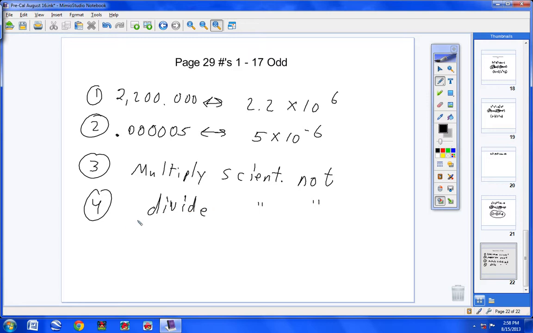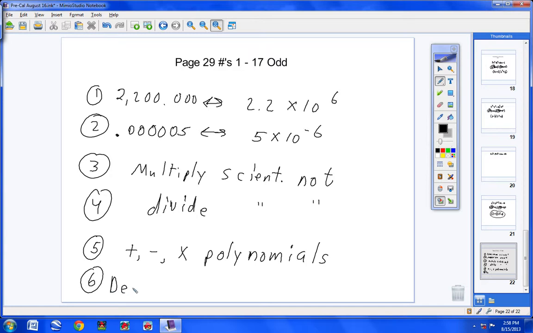Again, very important. Then also, we had a section on adding, subtracting, and multiplying polynomials. I believe that was yesterday's work. Okay? Know how to add, subtract, multiply, and divide polynomials. Number 6, be able to do what we did today, which is find the degree and terms of a polynomial.